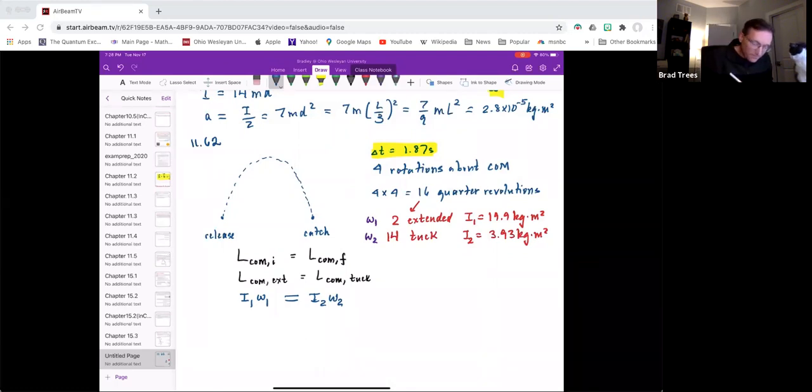What I can learn from this is how omega 1 is related to omega 2. Omega 1 is going to be I2 over I1 times omega 2. That's going to be helpful. I'll number that equation 1.